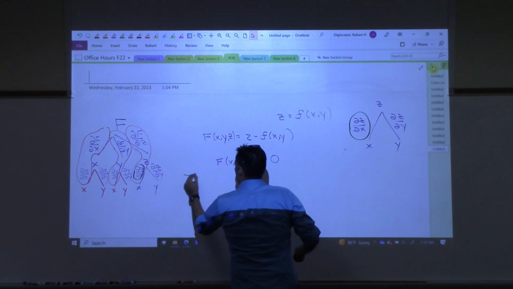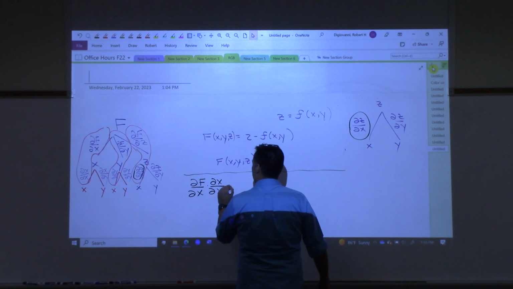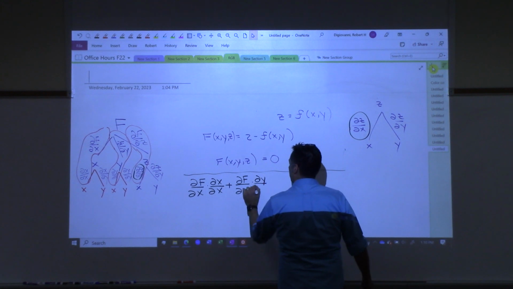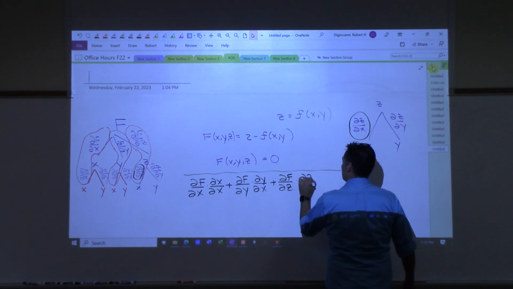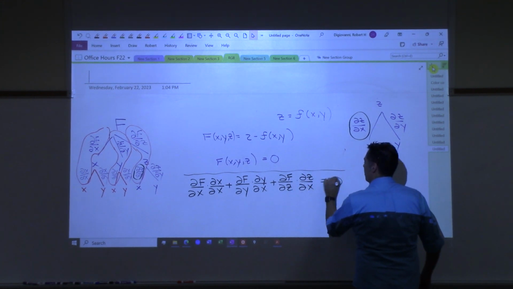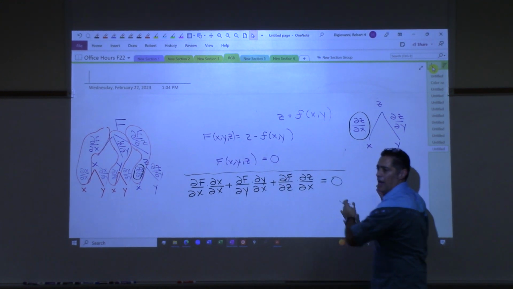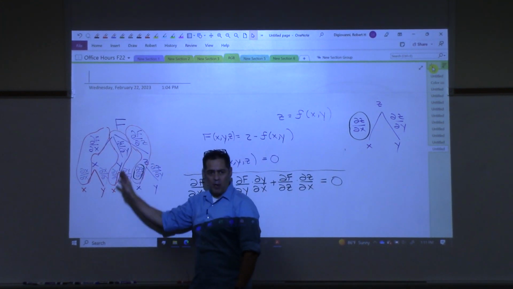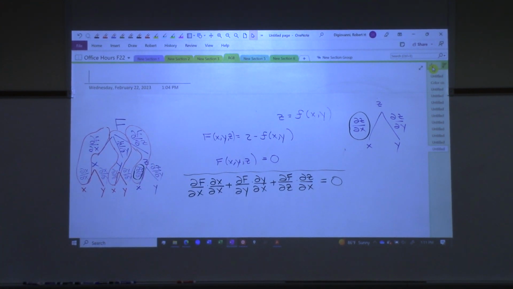So I know that the partial f with respect to x times partial x with respect to x plus partial of f with respect to y times partial y with respect to x plus partial f with respect to z times partial z with respect to x must equal 0, because I'm differentiating both sides of this equation with respect to x. And this is what I get. Y'all see it's just the branches, this branch plus that branch, down the x variable sides.